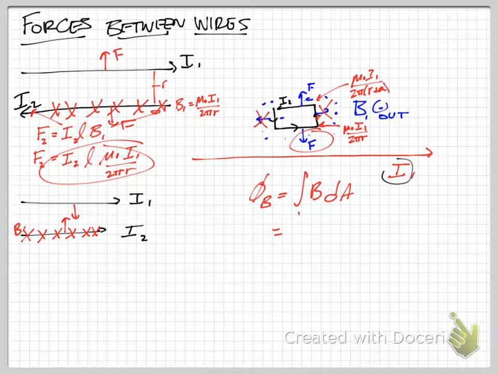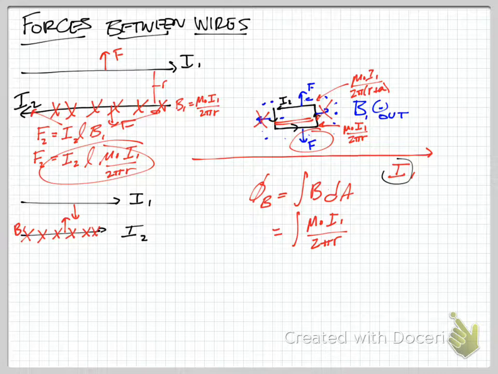So here we know the magnetic field is mu 0 I1 over 2 pi r, and dA is our differential piece of area. What we want for dA is strips that run in that direction, because the magnetic field is constant in the x direction, but not so much in the y direction.